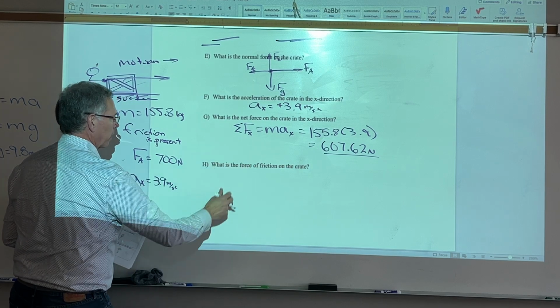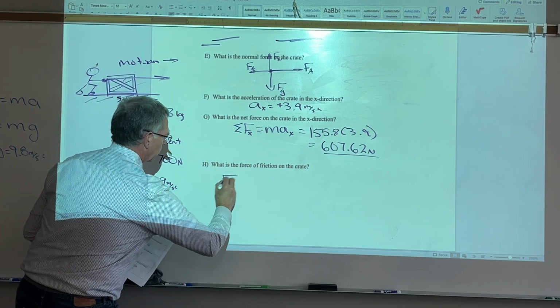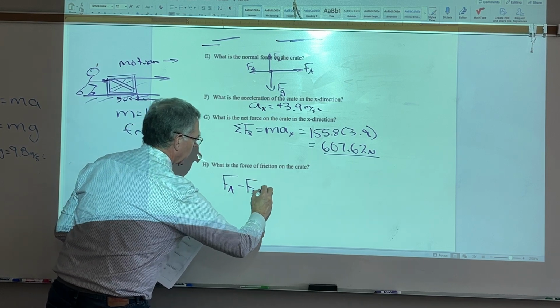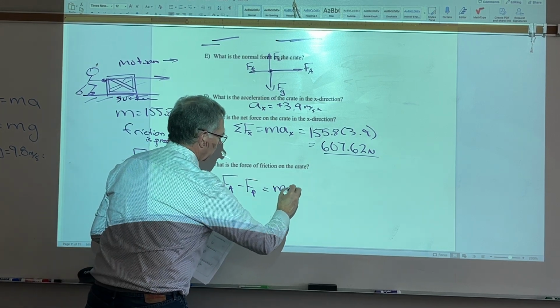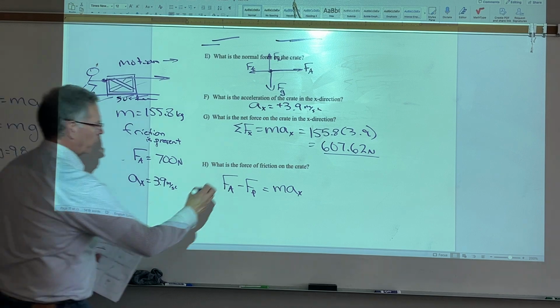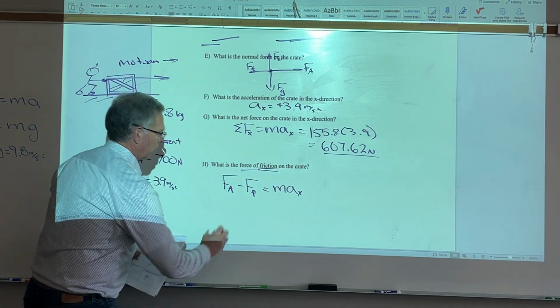But what does the left side look like? Well, the left side would be applied force minus the force of friction equals my mass times acceleration. And we're looking for the force of friction.